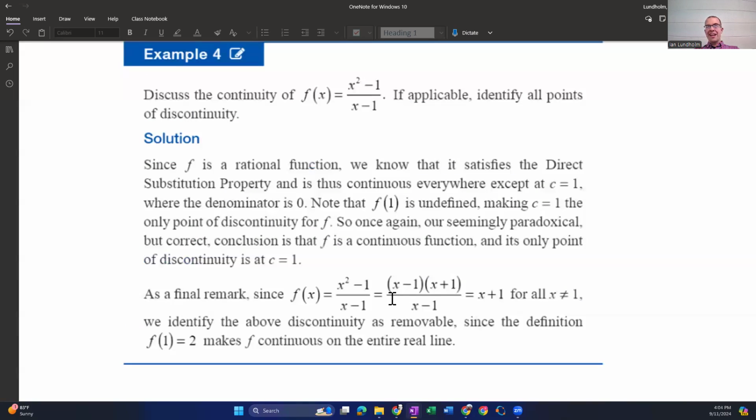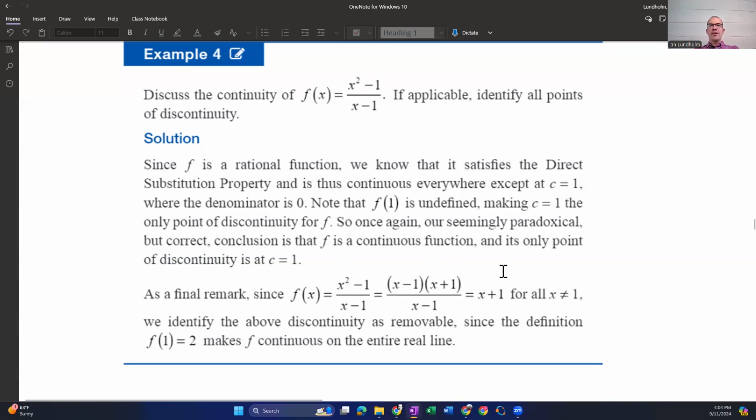But the idea here is that this function should be continuous on its domain, because we would implicitly leave one out of the domain. So this one has what's called a removable discontinuity.